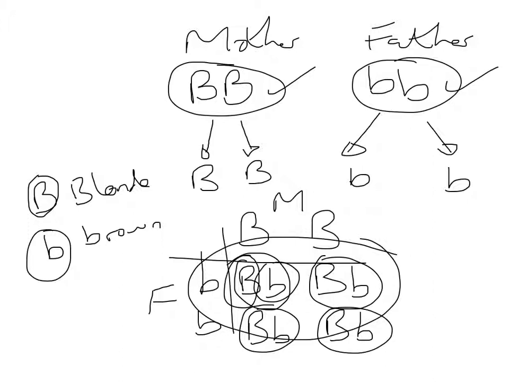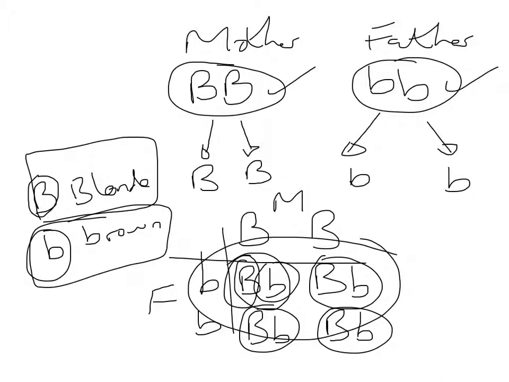Now, what colour hair will they have? The blonde hair allele is dominant, therefore it's always shown. And remember, the brown hair allele is recessive, so it's only shown when there's no dominant alleles present. Now in these four offspring combinations, there is always a dominant allele. So all these four offspring will have blonde hair.